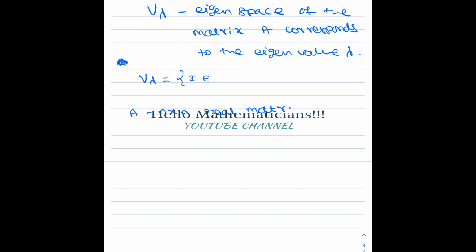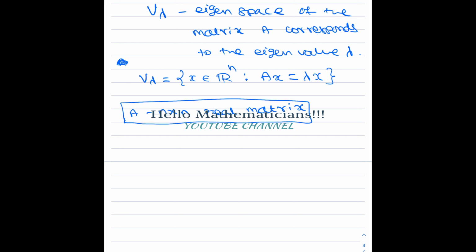Anyway, we are talking about the all one matrix, so it is enough to do this only for real matrices. V lambda is the set of all x belonging to R^n such that Ax equals lambda x. This is called the eigenspace of the eigenvalue lambda. Then the dimension of V lambda is called the geometric multiplicity of lambda.